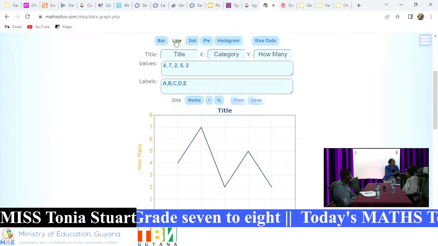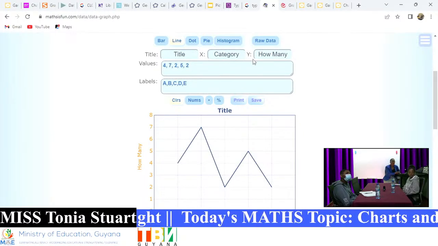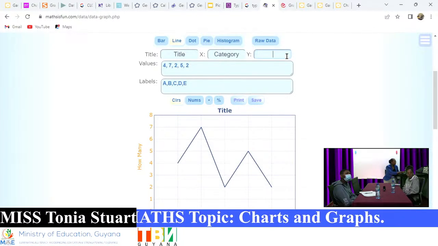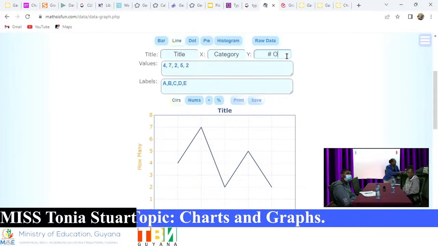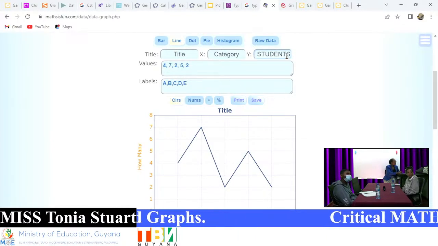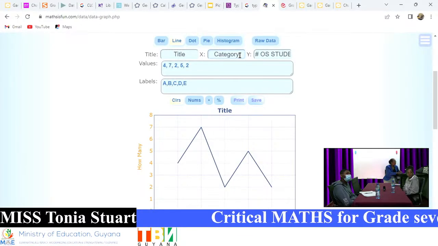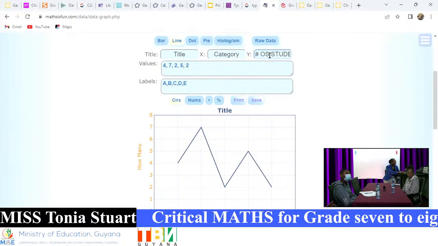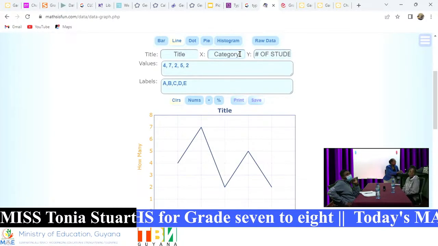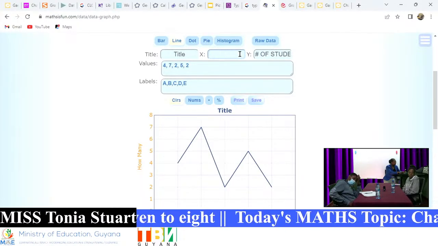So the side, how many would be the number of students? Number of students. And the category will be days of the week.